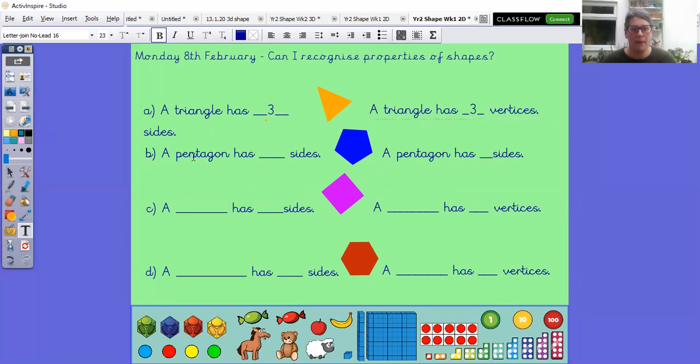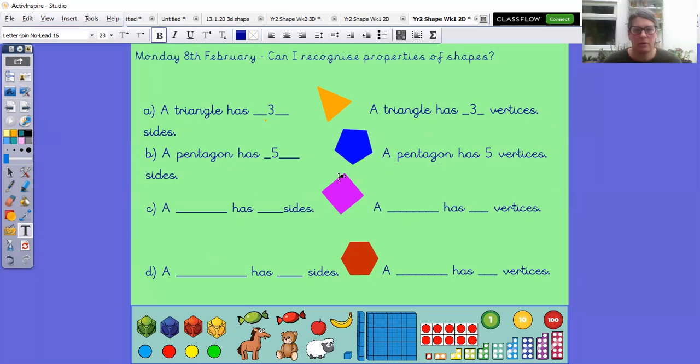A pentagon has 1, 2, 3, 4, 5 sides. A pentagon has 1, 2, 3, 4, 5 vertices. Just noticed that I've accidentally written sides there. So let's see, I can change that. 5 vertices, there we go.